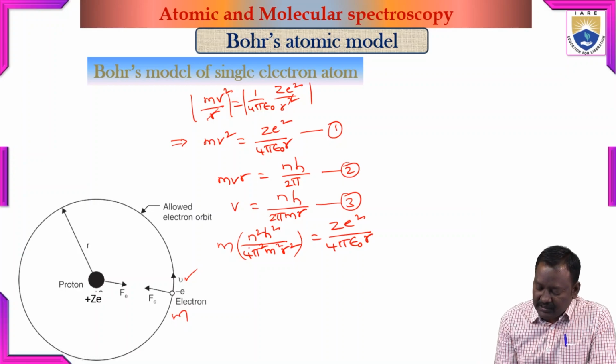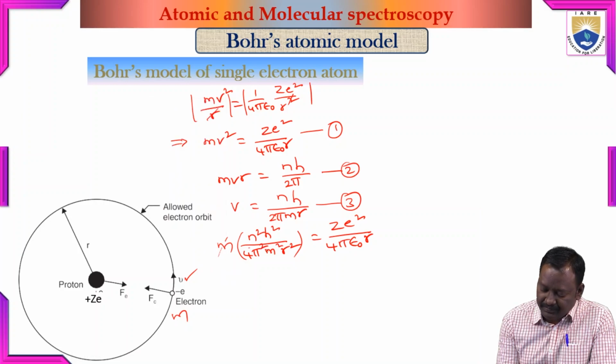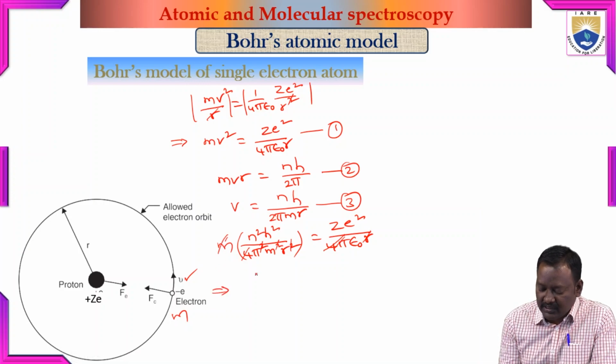So let us simplify this equation. Here we can cancel m and 4 pi, and one r, so that this equation becomes n square h square.